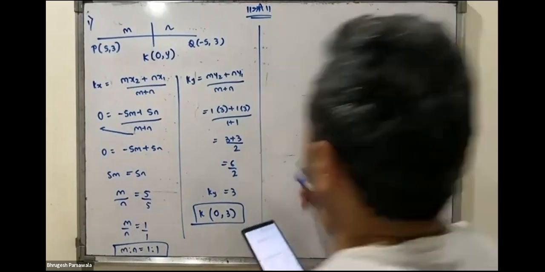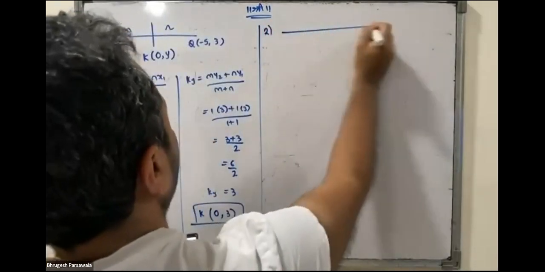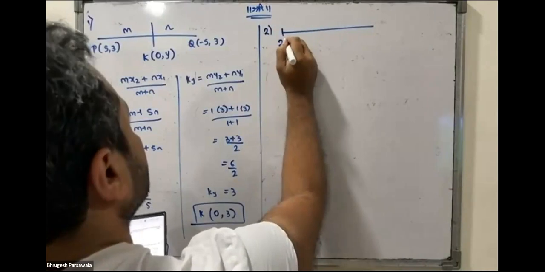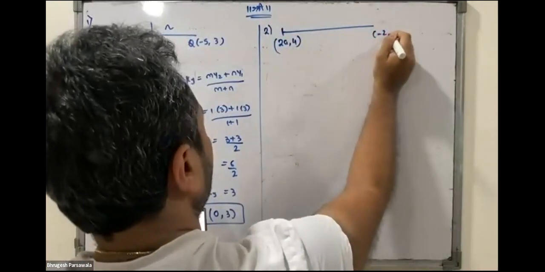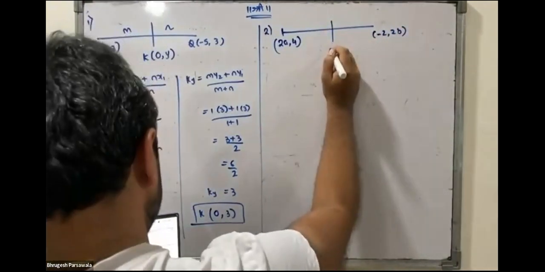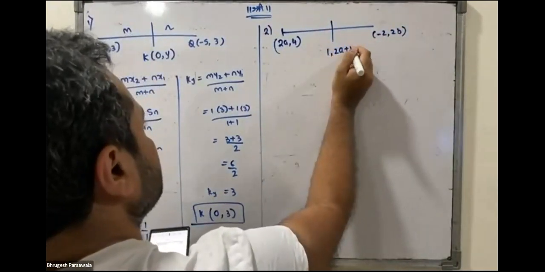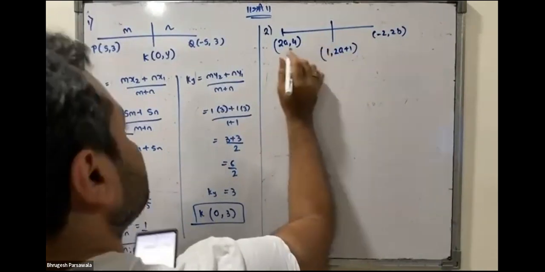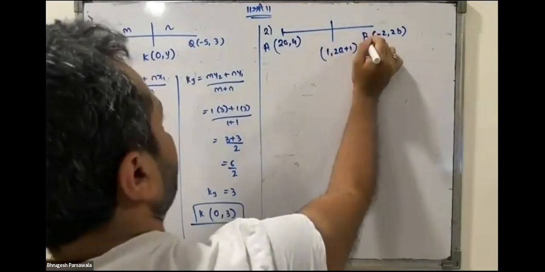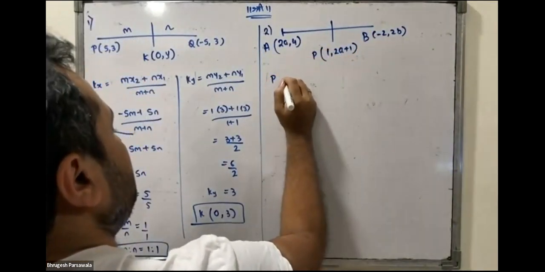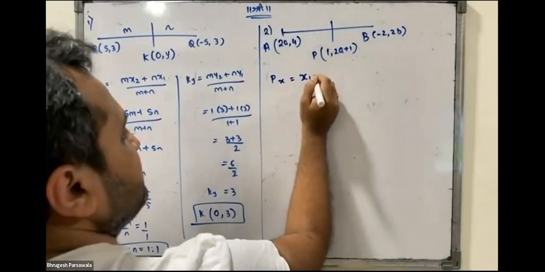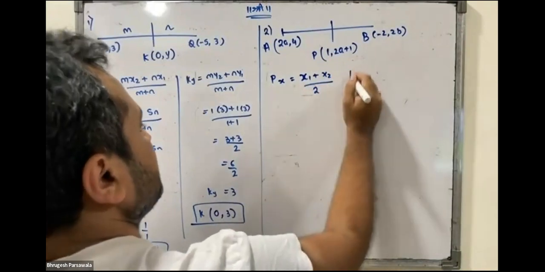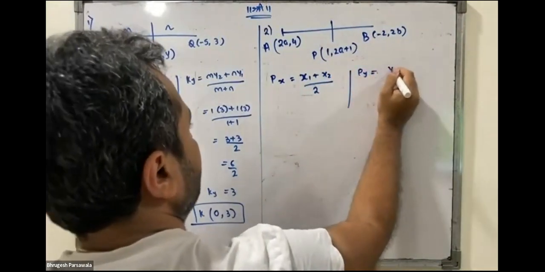They said midpoint of line segment joining 2a, 4 and minus 2, 2b is 1, 2a plus 1. Okay, so let us name it A, B and P. The midpoint formula: P of x is x1 plus x2 by 2, P of y is y1 plus y2 by 2.